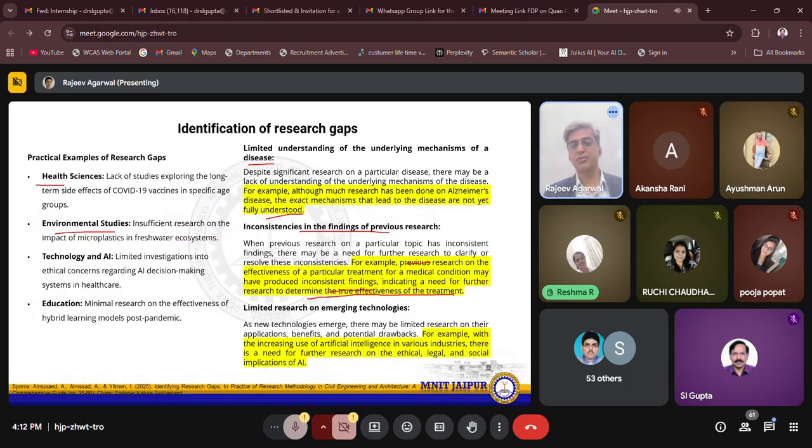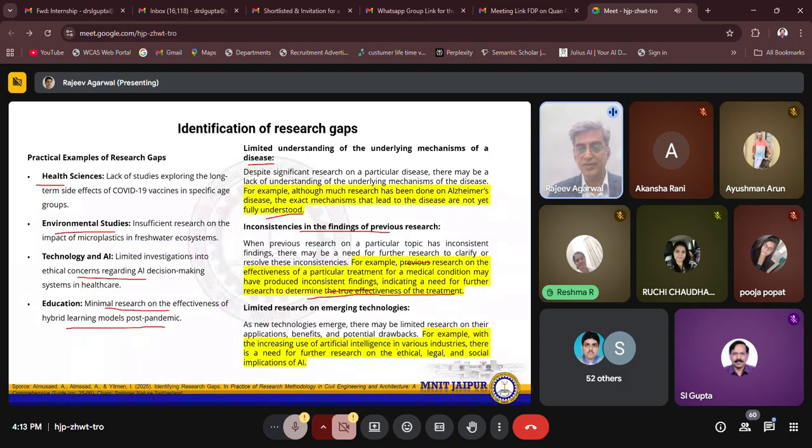Just now one of the participants has asked the question. You can understand how these gaps have to be identified. Then limited investigation into ethical concerns regarding AI, minimal research on the effectiveness of hybrid learning. These are some gaps I have given, including in health sciences.